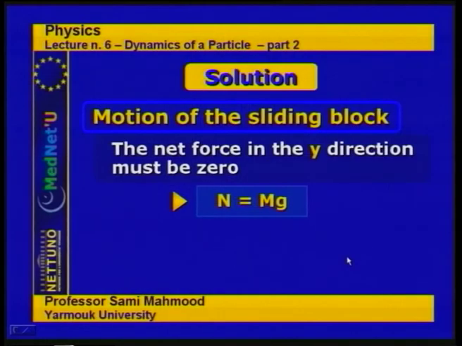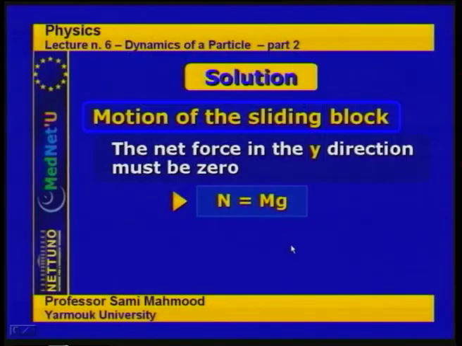From the free body diagram, the forces are the normal force up, N, minus mg, because the weight is acting downward, equal to 0. That gives the result N equals mg, which means that the normal force by which the surface acts on the sliding object is simply equal to its weight.